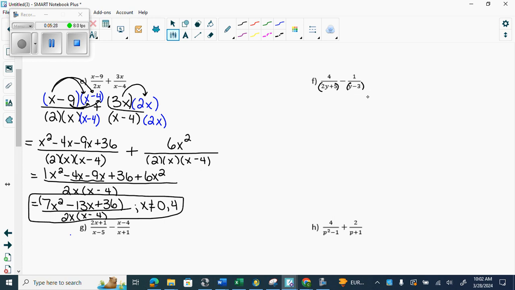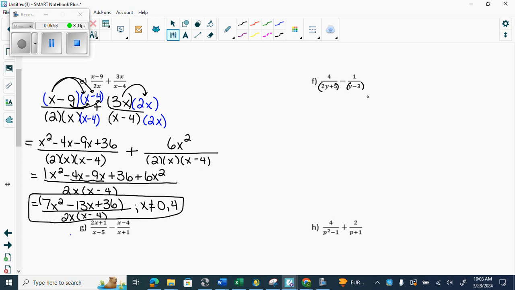Is there anything I can do in this world to make 2 humans actually be the same? In real life, can you make 2 humans be the same? No. So if I could maybe take out a GCF out of one of them and make them match, or a difference of squares and make them match, cool. But can I do anything to 2y plus 5? Can I take out a GCF or anything? No, it's as low as it goes. What about y minus 3? No, it's as low as it goes.